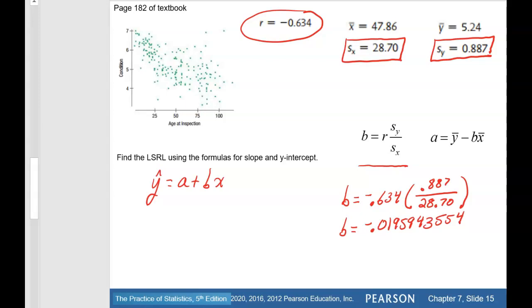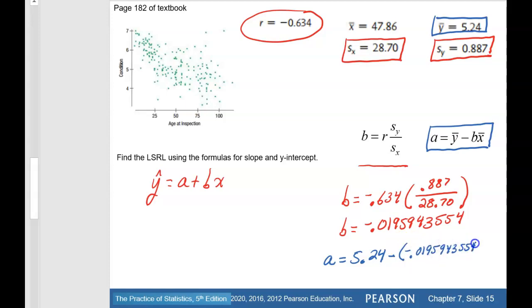Now I need to find the y-intercept, so I'm going to use this blue formula. The y-intercept is y bar, so that's this number that I just put a box around in blue. So it's 5.24 minus the value of b, and the value of b is right above us, so minus parentheses negative 0.01959435554.